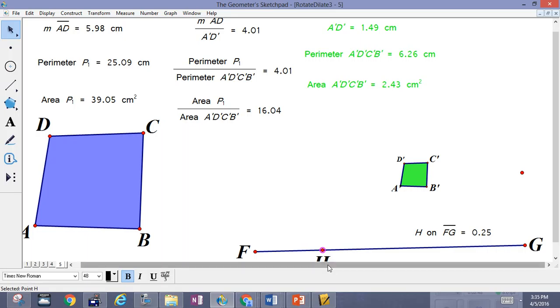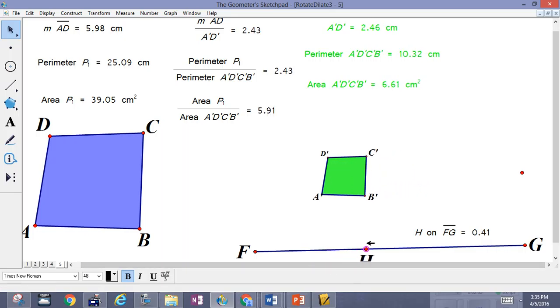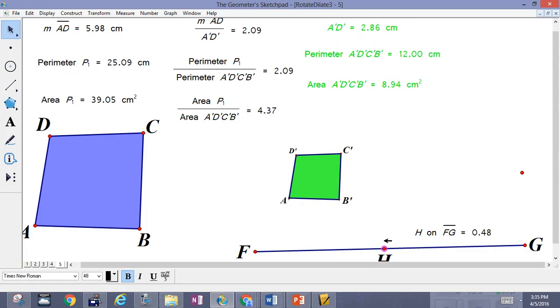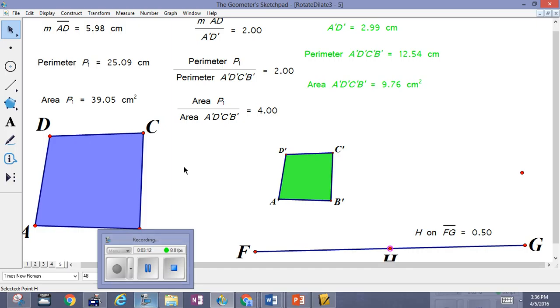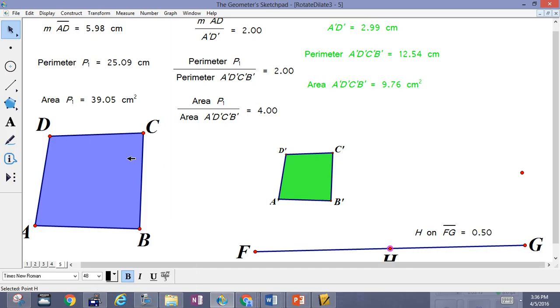Now let's look at this again. Let me design this to be half the size. So now the sides of the green polygon are 1/2 the measure of the sides of the blue polygon, or the blue polygon has sides which are twice every side of the green polygon.